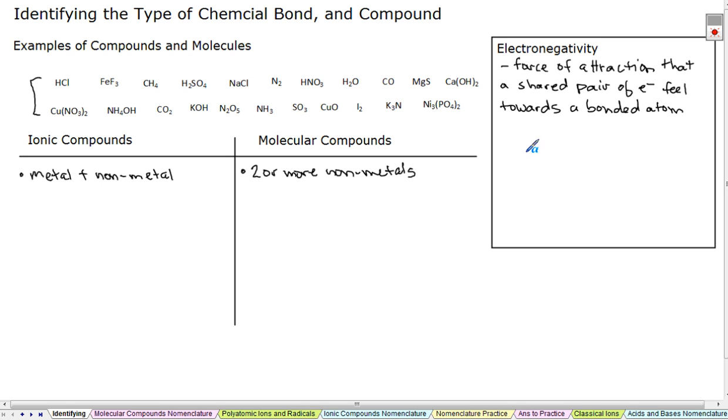And so what we can actually create is a bit of a spectrum. We can look at the difference between electronegativity. I like to look at the difference between the electronegativity to determine what the bond type is going to be.